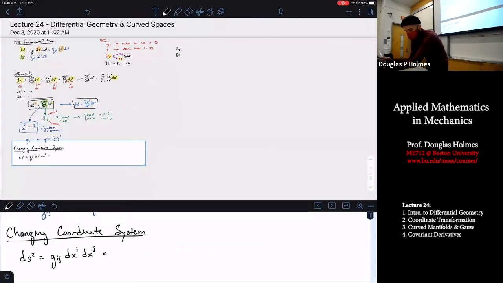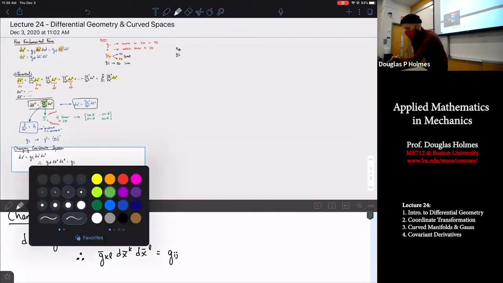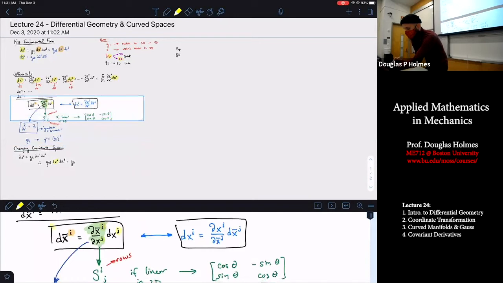Let me do this a different way. I know that I can say, therefore, the metric tensor G, let's call it KL, the one in the barred system, times dxk dxl will be equal to my metric tensor Gij times this thing, which is this thing.